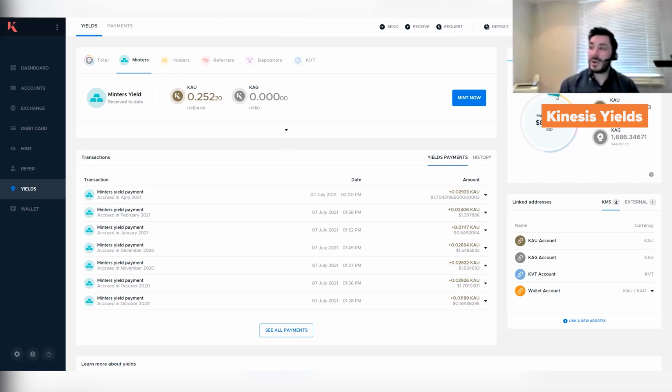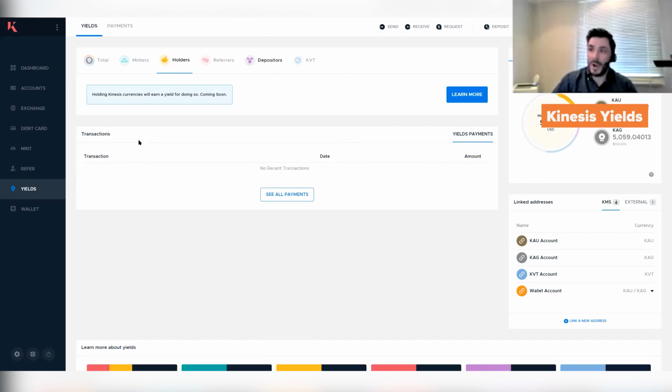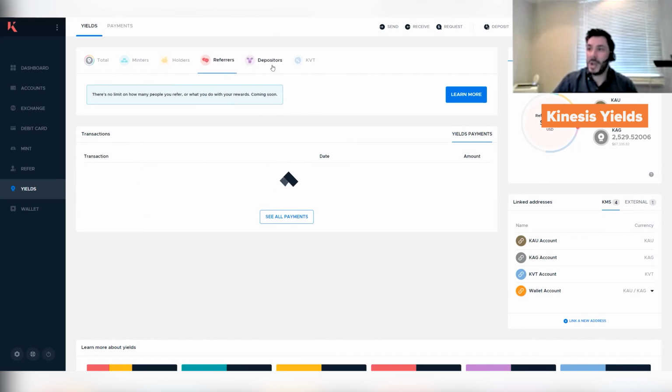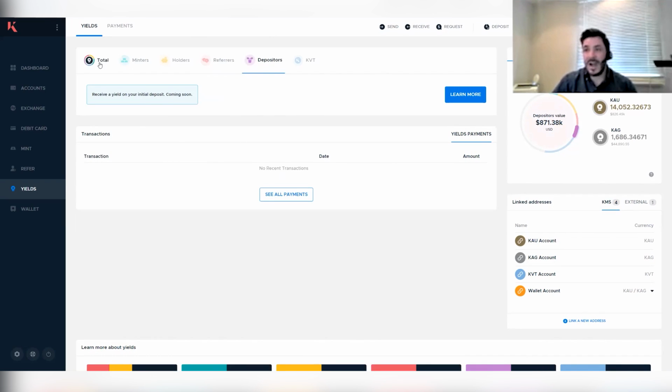So $871,000 was given back to our audience. It was a really big milestone for Kinesis. A lot of people got rewarded with some lovely sums of gold and silver, and every month that will continue forevermore. That's basically how the yields work. Next online will be holders, and then we'll start bringing online a whole array of different yields for people participating in different ways in the system.